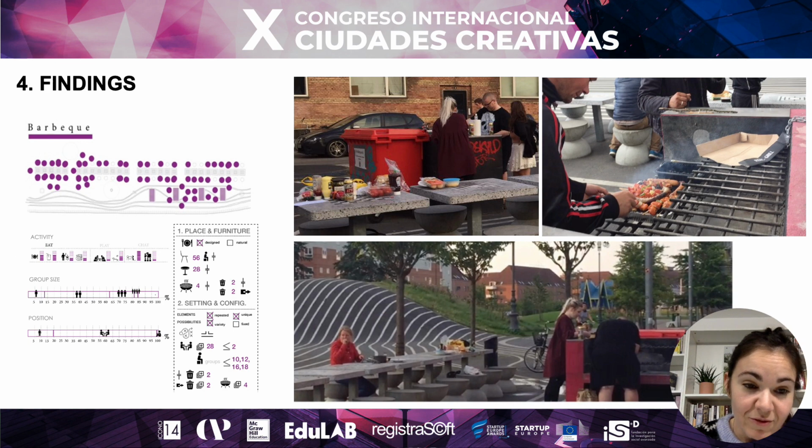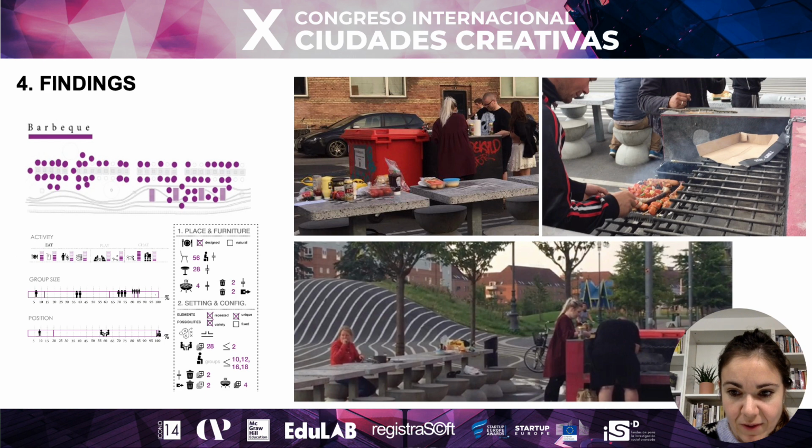Some of the barbecues or grills were used more than others, and of course people stood around. And even though the chairs are individual, it was the area where I found a lower percentage of people eating alone, which was interesting. And also the size of the groups eating there was more varied.